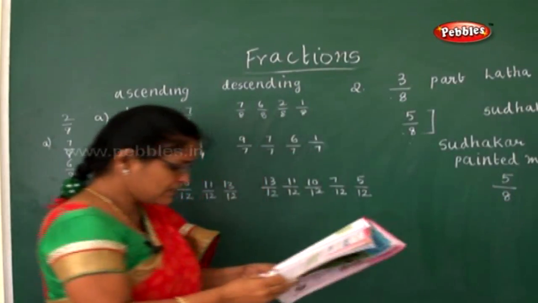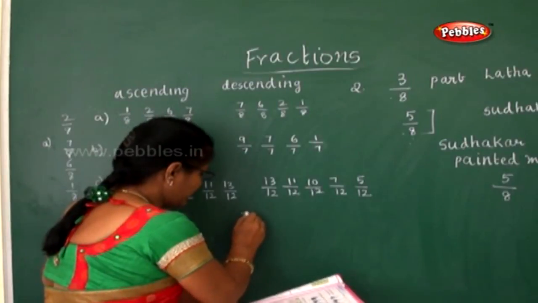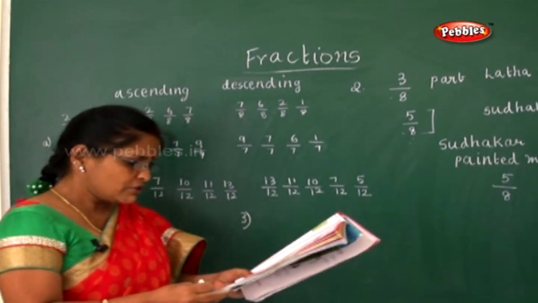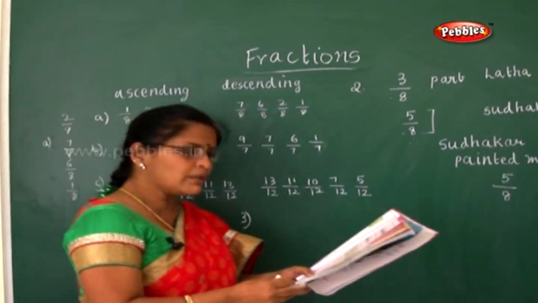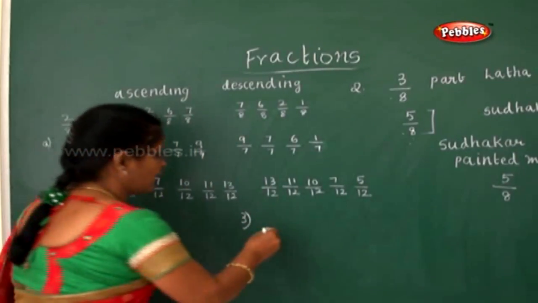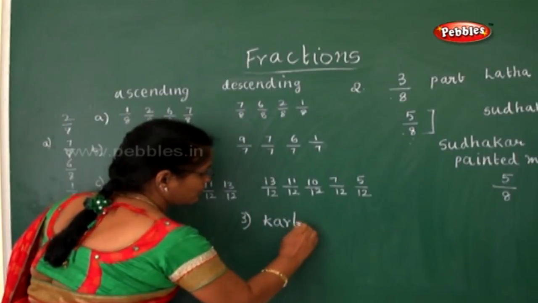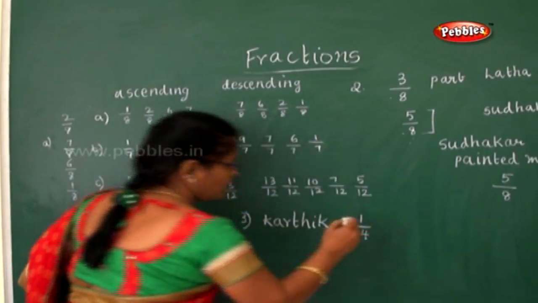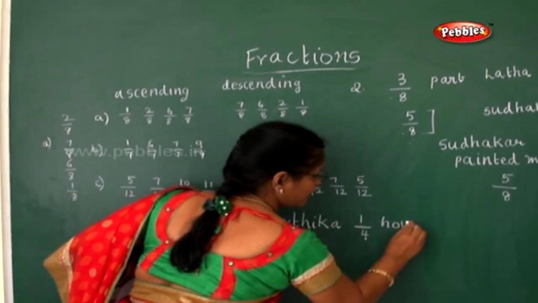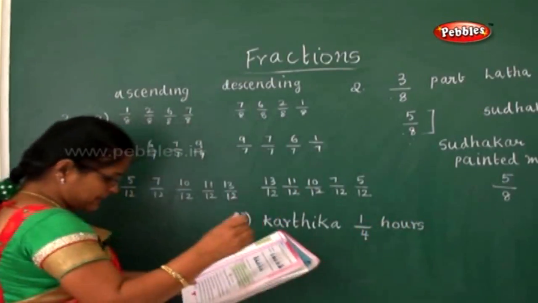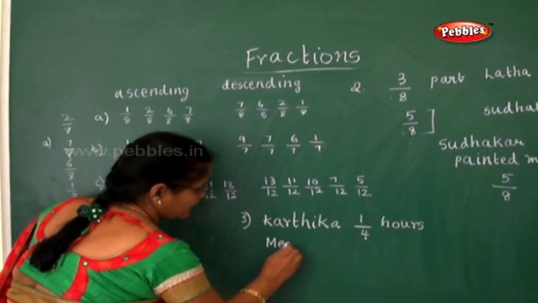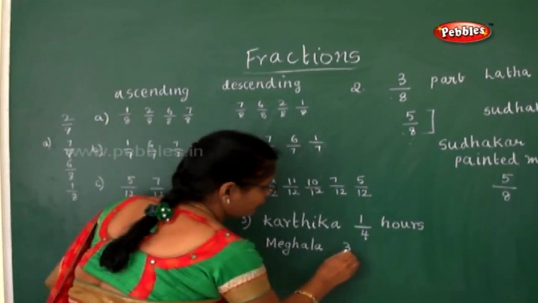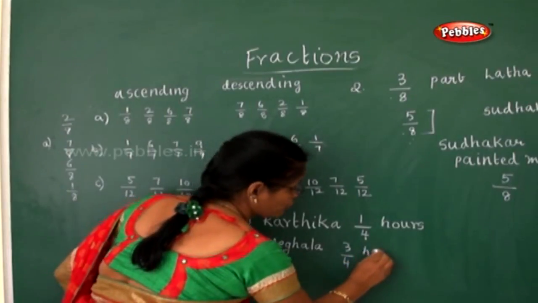So the next sum: Vani wanted to take her two daughters to a book exhibition. So what did she do? She wanted to visit the bookstall. Kartika took 1 by 4 hours to visit the bookstall. And the other person was Meghala, she took 3 by 4 hours to visit the bookstall.